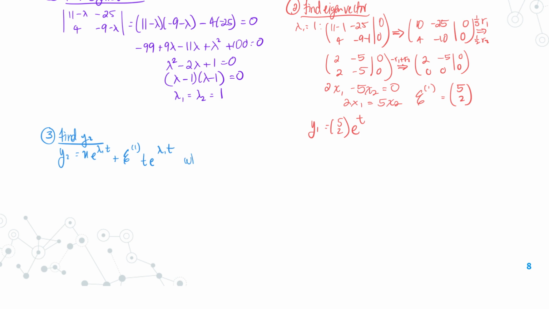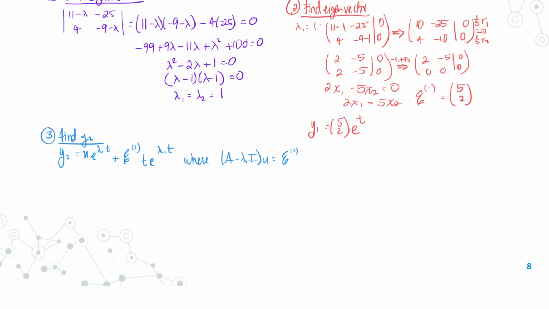And remember, then this is where A minus lambda 1 I, right, times u is equal to our eigenvector.